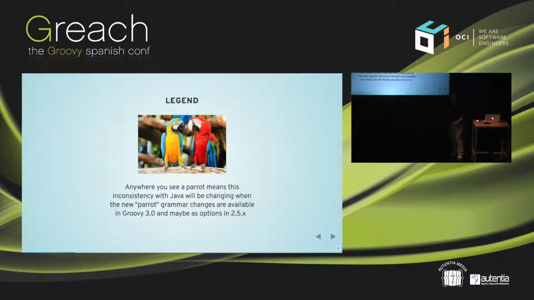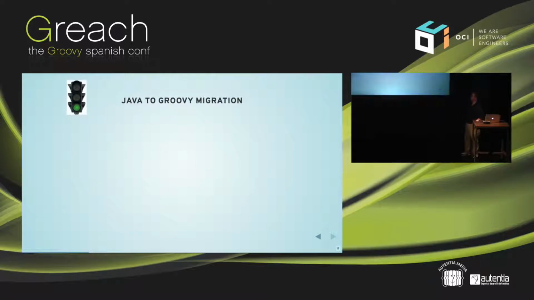An additional legend is if you see a parrot, then I'm telling you that the inconsistency that we have in moving from Java to Groovy is currently an inconsistency in Groovy, but the new parrot grammars that are going to come out in version 3 of Groovy take care of that and won't be a problem anymore.